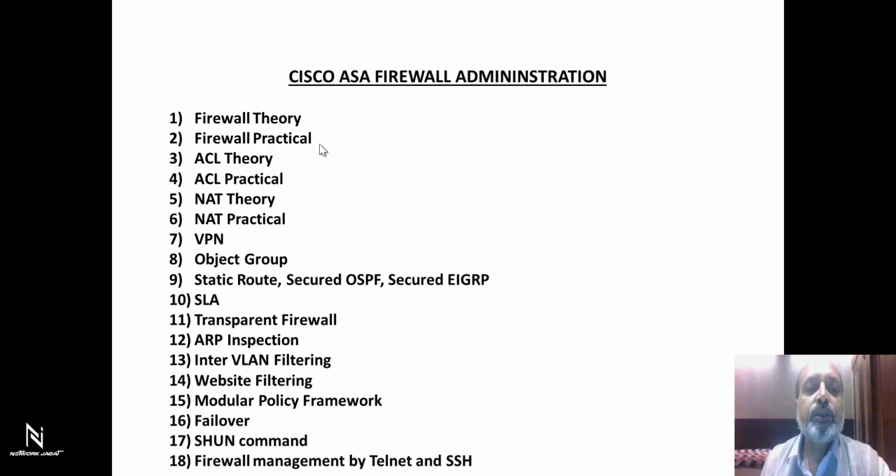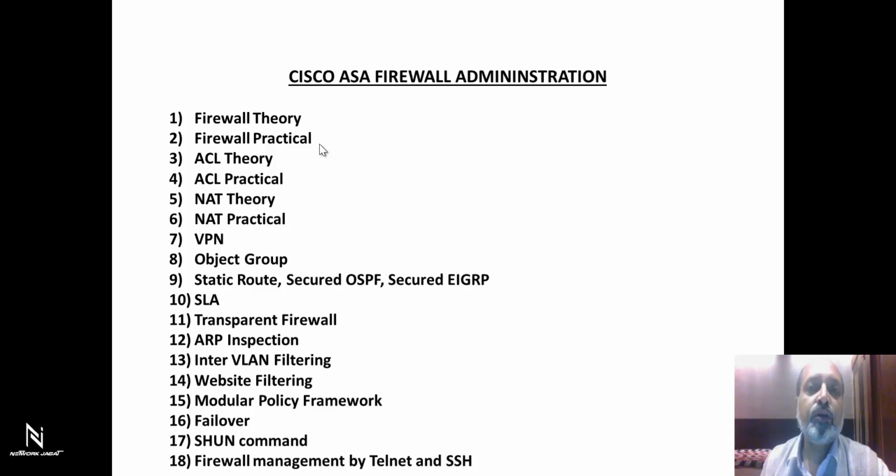Then static route, secured OSPF and secured EIGRP. Obviously, if we are going for a network-level firewall, the firewall which is guarding our perimeter, it is most obviously a gateway firewall and a router mode firewall. So very often we need to configure routing there also.